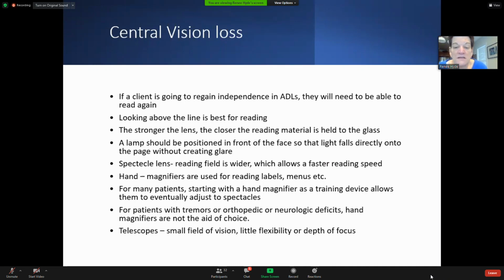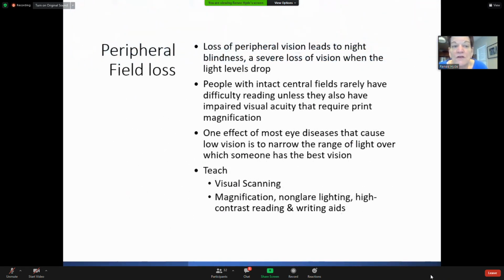Okay. So with patients with peripheral loss, what condition did we talk about with peripheral loss? Glaucoma. One of those things is that loss of peripheral vision leads to night blindness and a severe loss of vision when light levels drop.